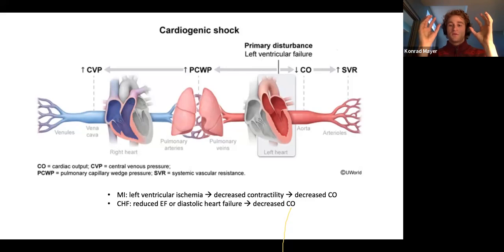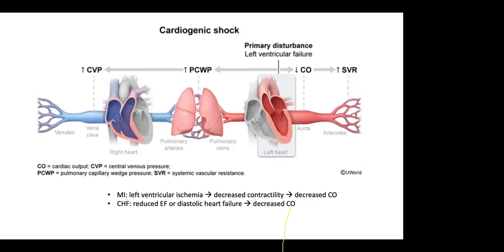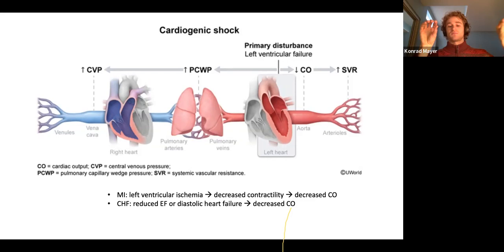Keeping in mind our formula from earlier, if cardiac output goes down, systemic vascular resistance goes up to compensate, because whenever one of them goes down, the other goes up so that they can achieve a stable MAP, mean arterial pressure.